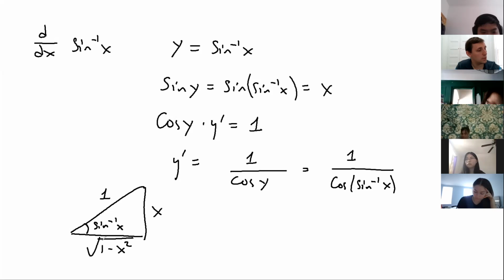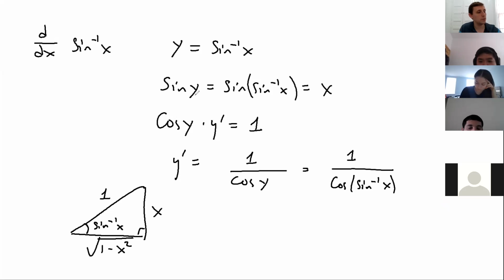Are you with me? Now, if you are with me, please tell me what is cosine of sine inverse of x. So that means this is 1 over what? What's cosine of sine inverse x, please?